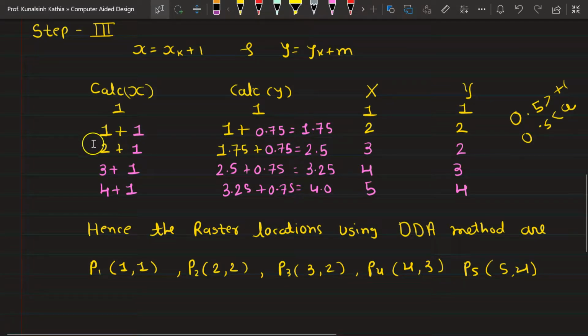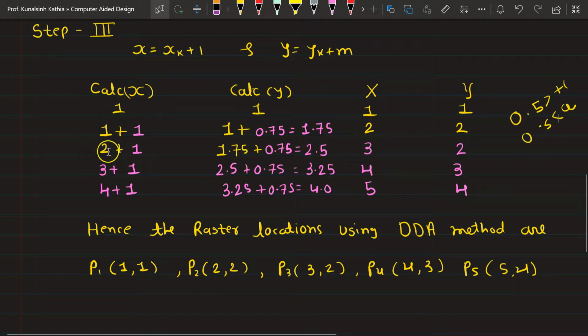Now next step, again xk plus 1. The previous value 2 plus 1 is 3. Here yk plus m: the previous yk was 1.75 plus m 0.75, so the value is 2.5. As per the rule, if it is equal to 2.5, the value remains the same, so 2.5 will be converted to 2.